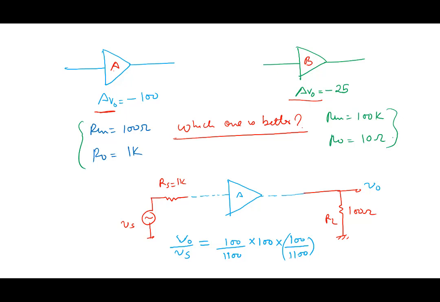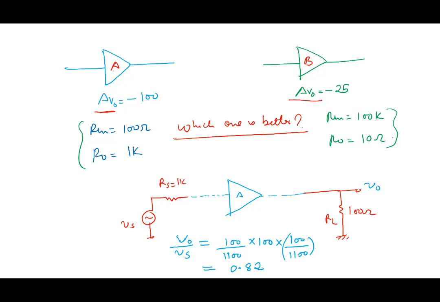Overall gain, if the calculation is correct, in fact it doesn't give me gain, it gives me 0.82. This amplifier does not give me a gain at all.